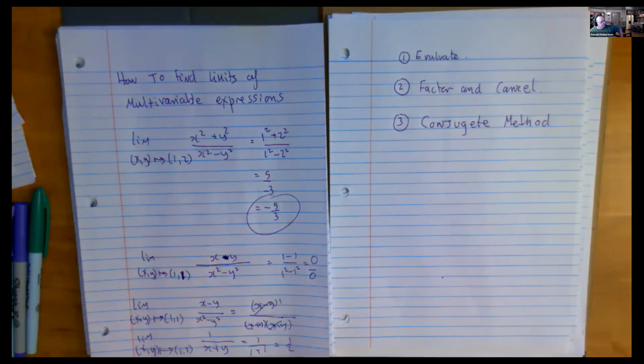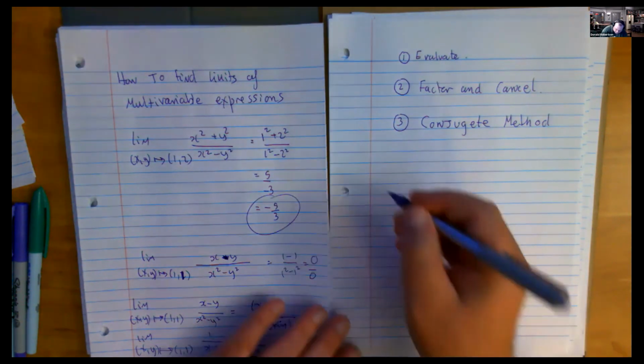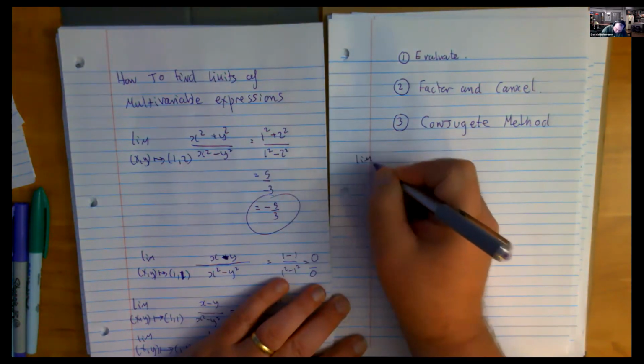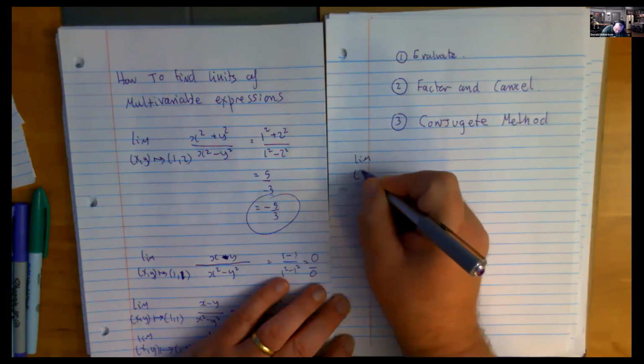You remember a guy called the conjugate method? It had square roots in it, didn't it? And it was a pretty rare technique. You probably only got to see a couple of examples of it, but it did exist. So let me show you the situation where that might be necessary.